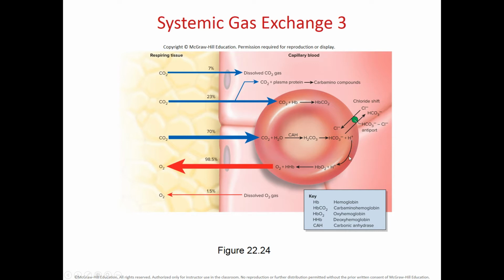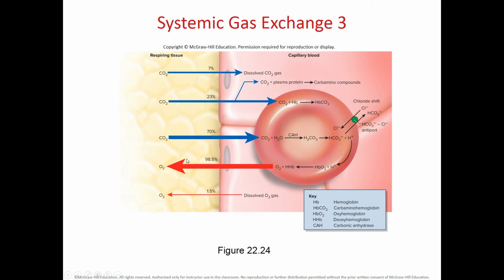Now these hydrogen ions will combine with the oxyhemoglobin, and then you will get rid of oxygen and leave the hemoglobin together with these hydrogen ions.